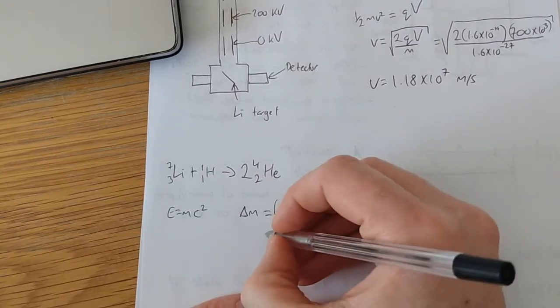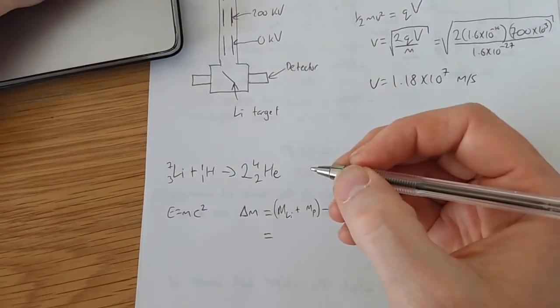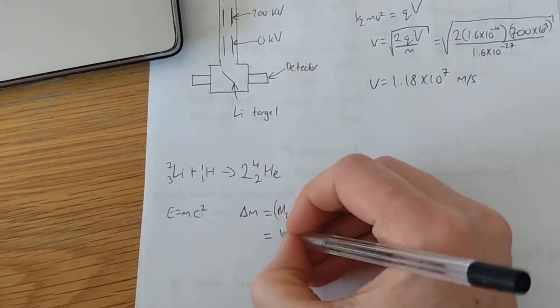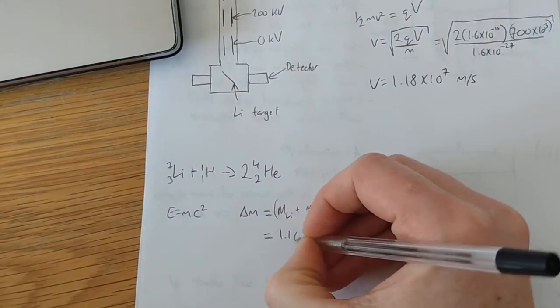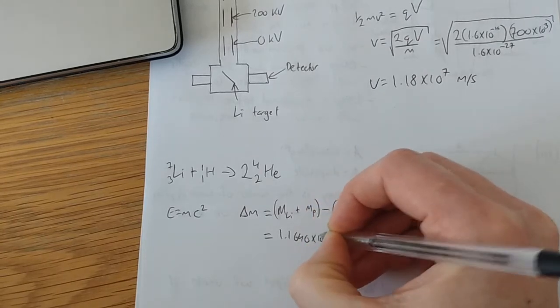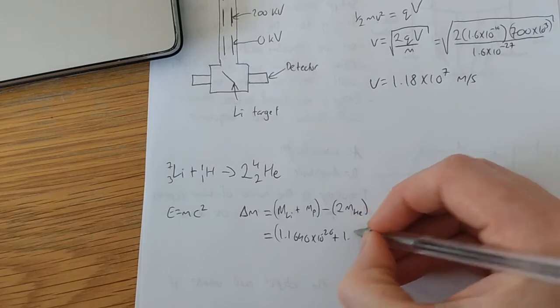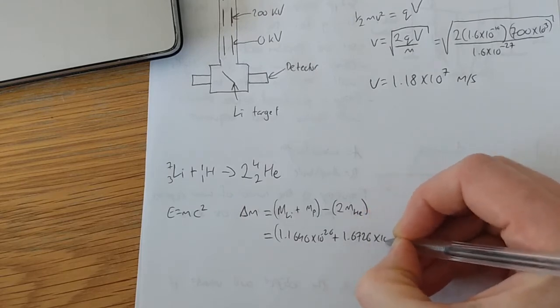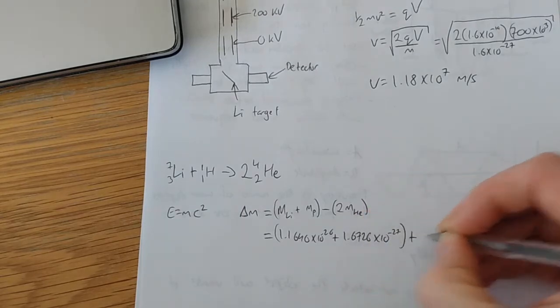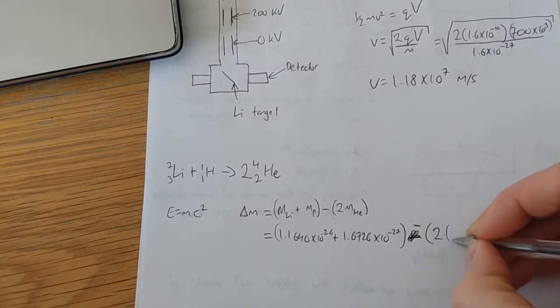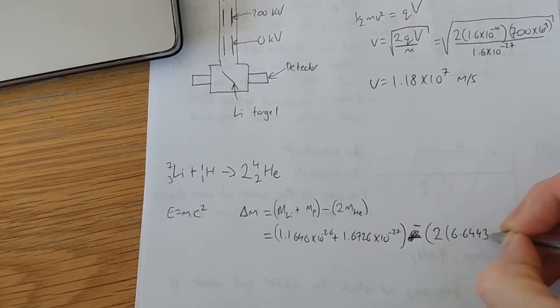Okay, so what do I have? Mass of lithium is 1.1646 by 10 to the negative 26 plus the mass of the proton. I should probably be more accurate this time. Let's go with the number they gave us, 1.6726 by 10 to the negative 27, minus twice the mass of a helium nucleus, 6.6443 by 10 to the negative 27.